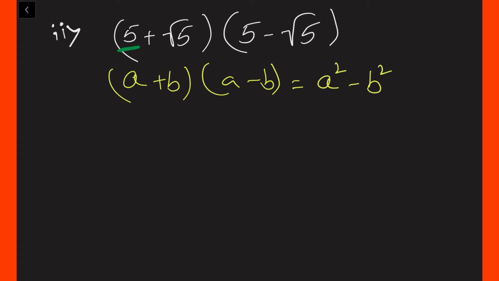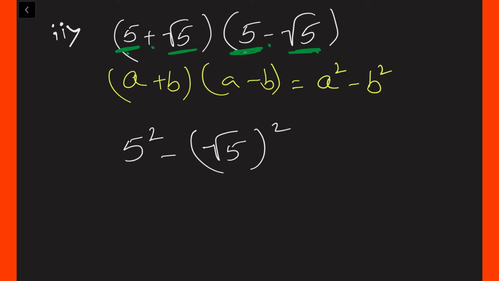In the place of a, 5 is there, in the place of b, √5 is there. So a is 5², minus b, which is (√5)². 5² is 25, minus (√5)²; square root and square cancel, so we remain with 5. 25 − 5 is 20. So the value is 20.